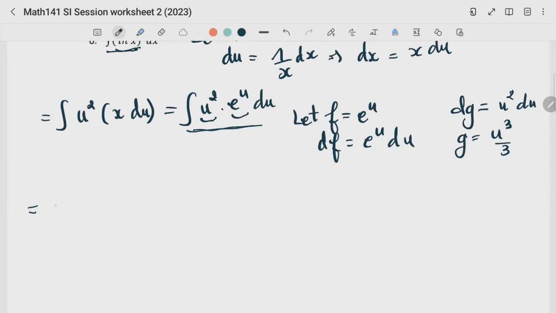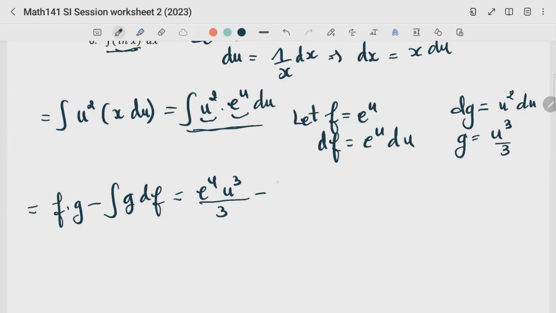The formula tells us that it has to be f times g minus the integral of g times df. So f times g gives us e to the u times u cubed over 3 minus the integral of g df, which is e to the u times u cubed over 3 du. Right.